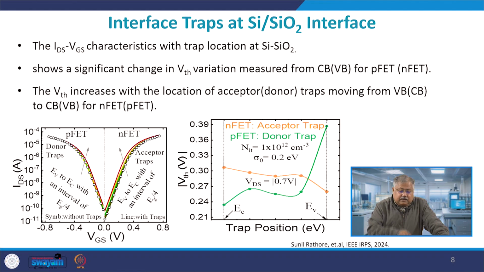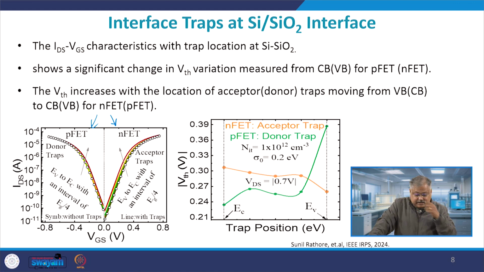Now let's come to the interface traps at silicon dioxide interface. Now if you plot IDVG characteristics with trap location at silicon dioxide, right, again from IRPS 2024, if you plot PFET and NFET as shown in the left hand side figure, which is basically a log scale of drain current on the y axis, you can see that typically the value of EC minus EV is EG by 4 approximately for both the devices.